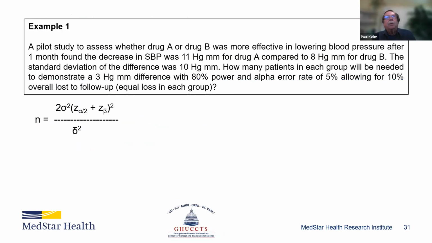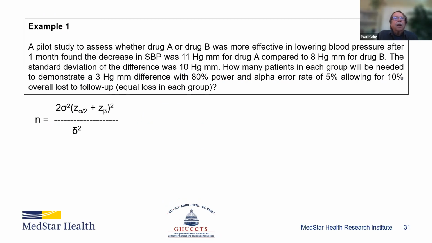Okay, so I want to give a couple of examples here to show you how this is done. In this first example, we have a pilot study to assess whether drug A or drug B was more effective in lowering blood pressure at 1 month.